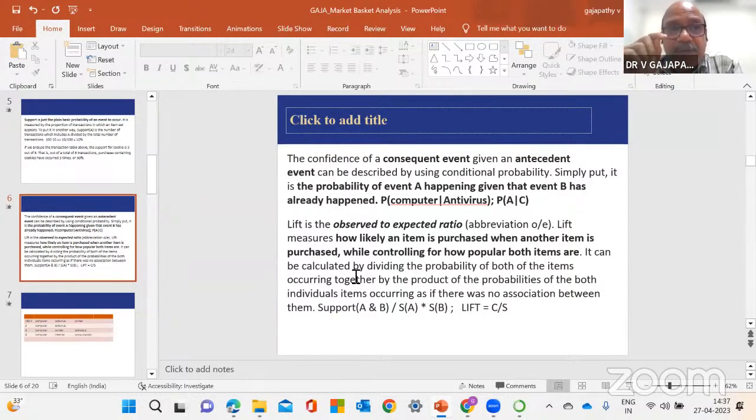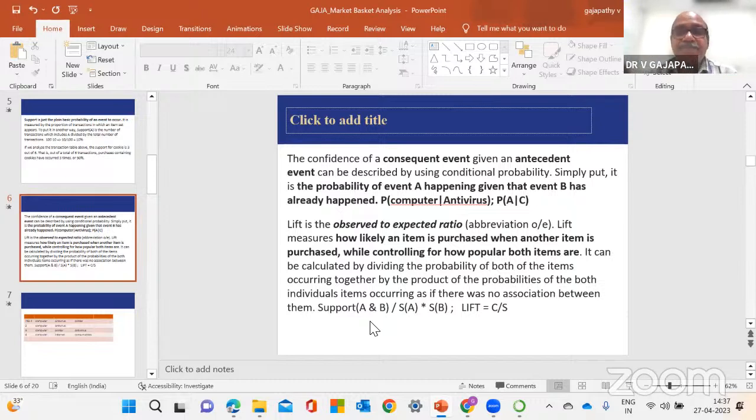For understanding, this is only a foothold, to have an understanding of the concept, and then we can see how it is working using Apriori in Python itself. This is therefore support A and B divided by support A times support B.